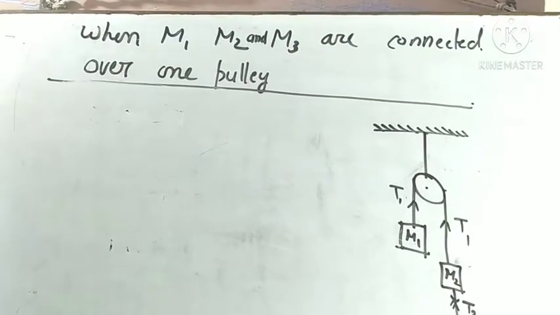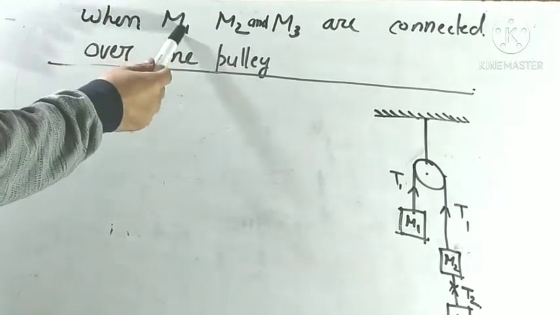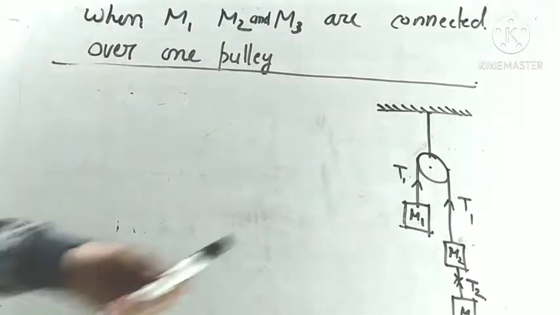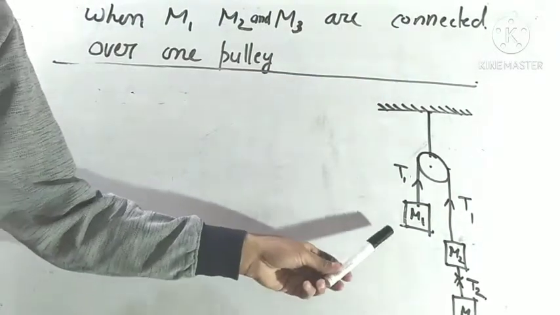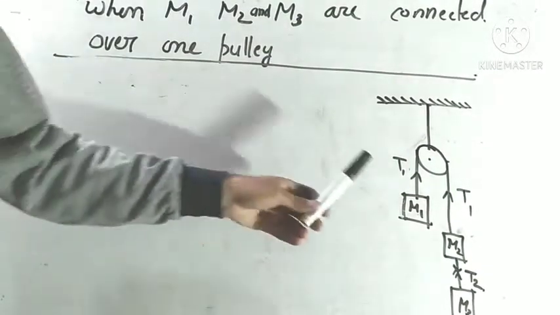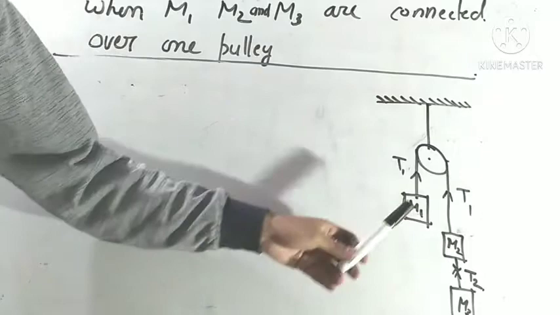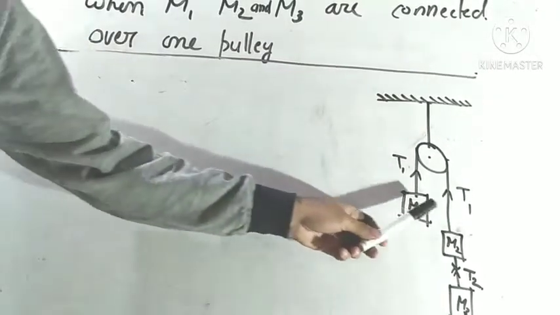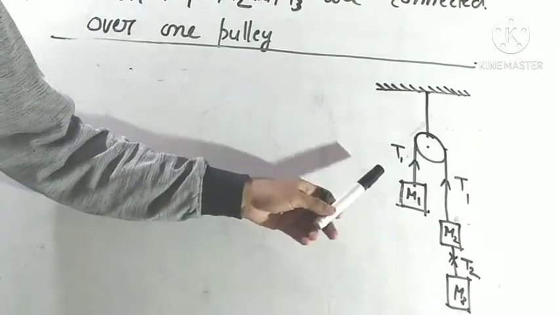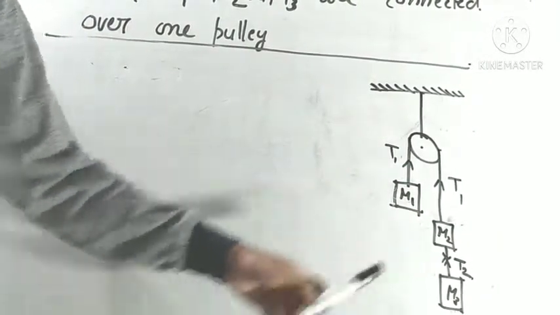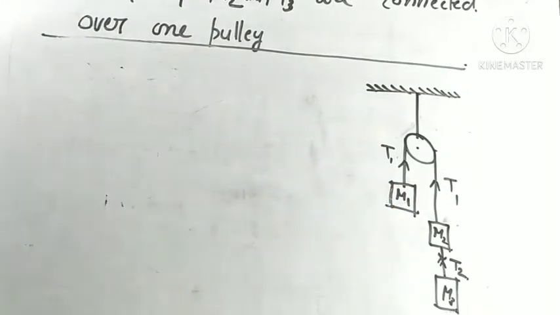So our next problem is when three bodies having masses m1, m2 and m3 are connected over one pulley. Here we take a pulley and three bodies having masses m1, m2 and m3, and all three bodies are connected with strings, two strings having tension T1 and T2. The bodies m1 and m2 are connected with a string having tension T1, and the third body hangs from the second body through a string having tension T2.